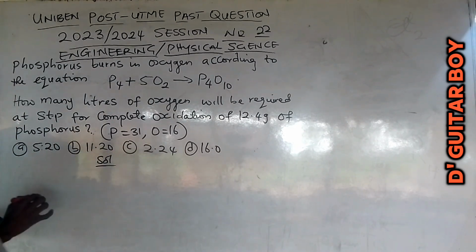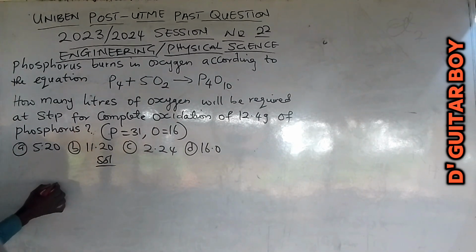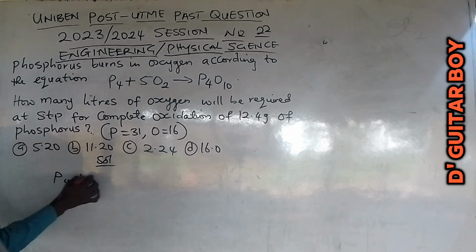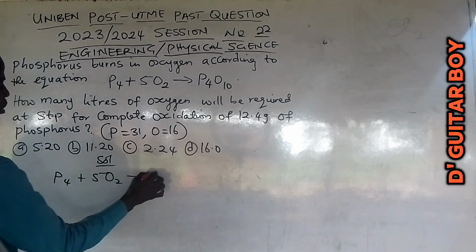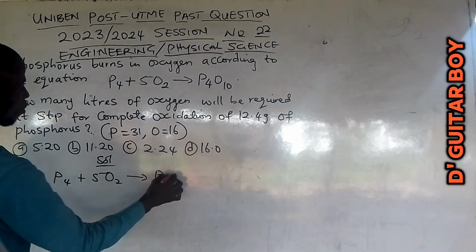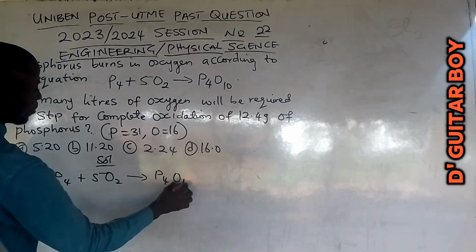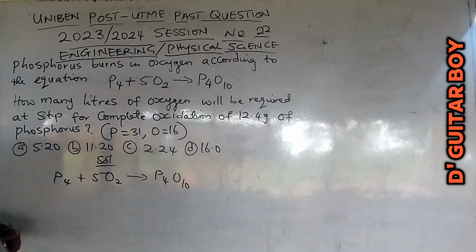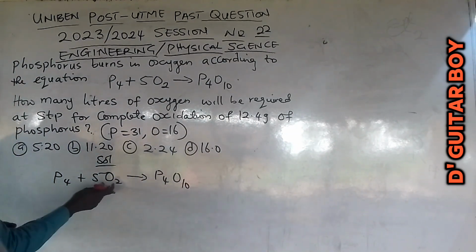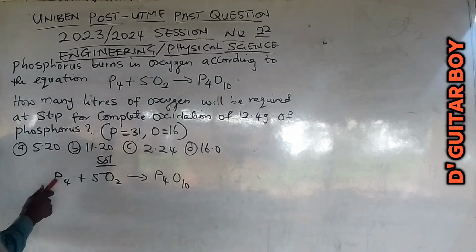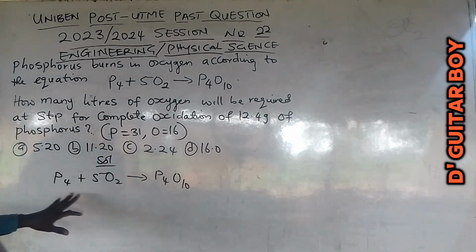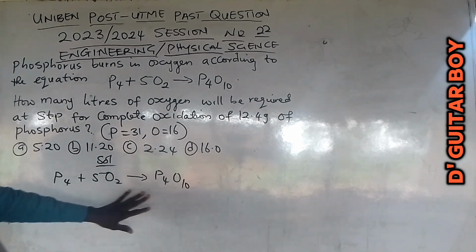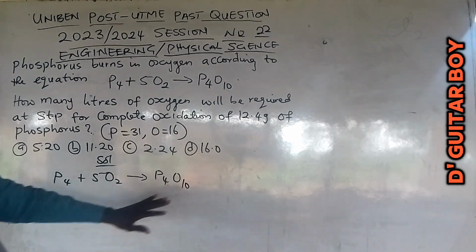It's P4 plus 5O2 gives P4O10. This is the oxide of phosphorus formed, this is the oxygen, and this is the phosphorus that burns in oxygen to produce these products.